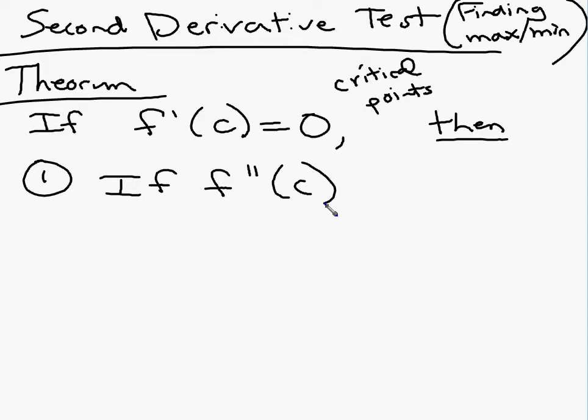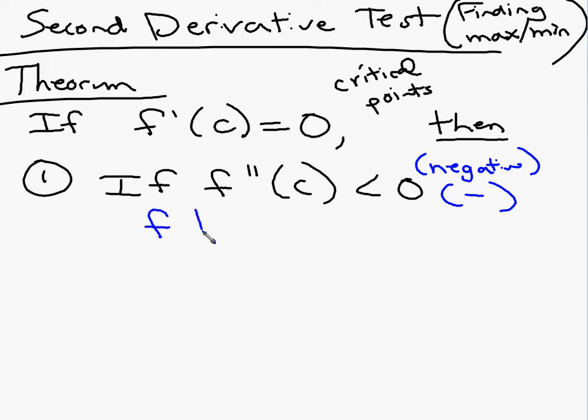If f double prime of c is negative, let's put a big minus sign, because for whatever reason, when you write less than 0, people don't always get that that's negative. If f double prime of c is negative, f has a max at c. It's the opposite of what you would think it is.